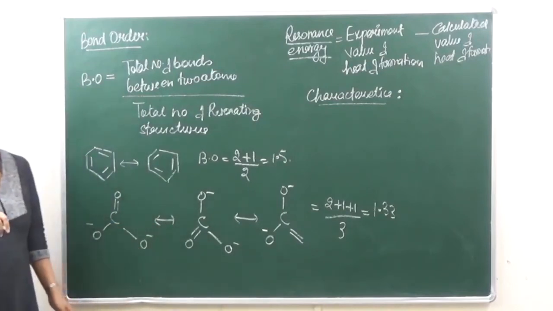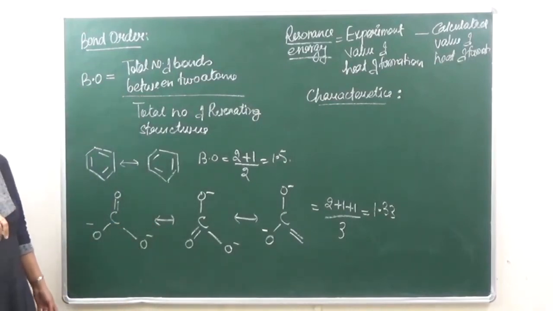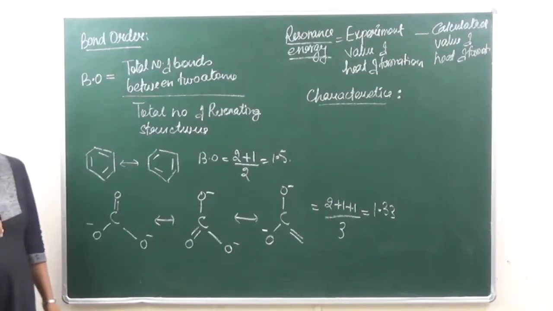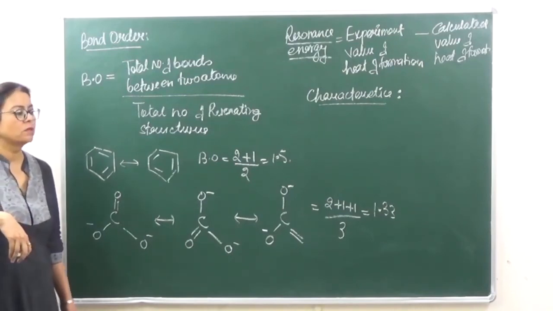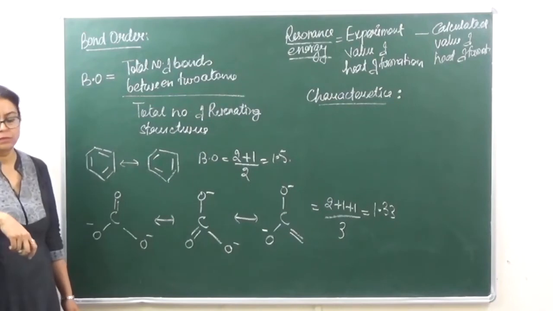Then number three, greater the number of covalent bonds in canonical forms, more is the stability.